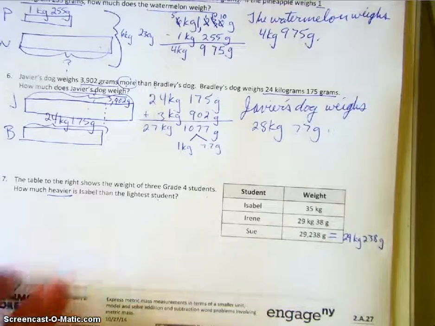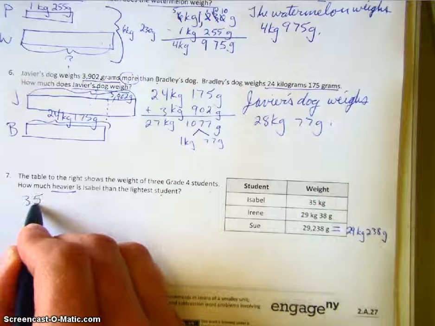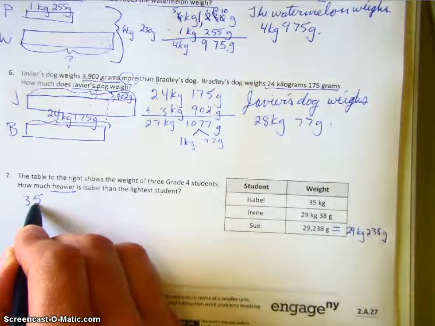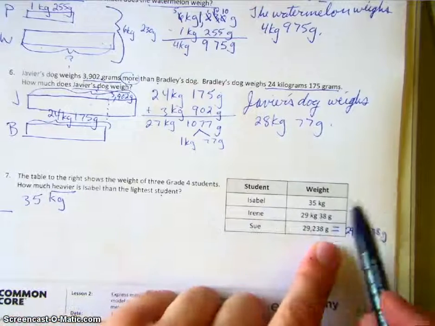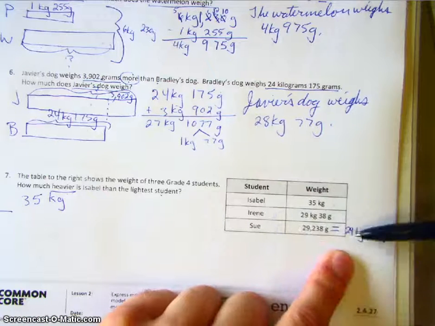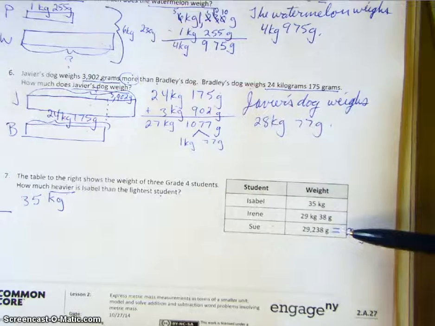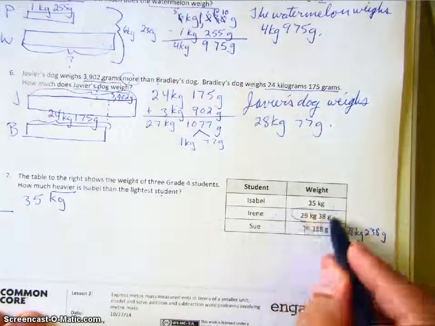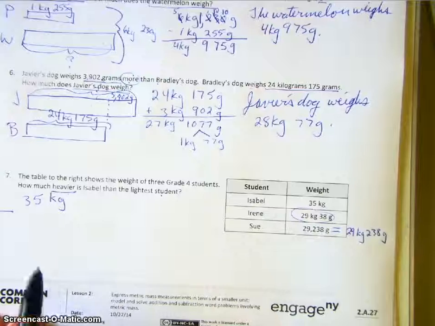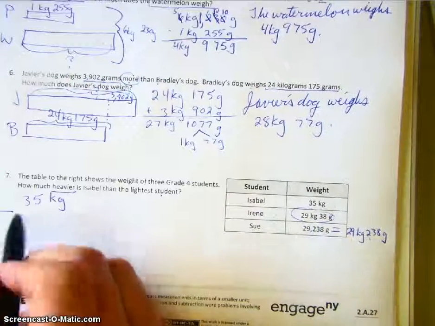Now we're going to take Isabel, who has the heaviest weight. If we look at Irene and Sue, they both have 29 kilograms, but Irene only has 38 grams. So Irene is going to be the lightest student. But we had to convert Sue in order to see that.